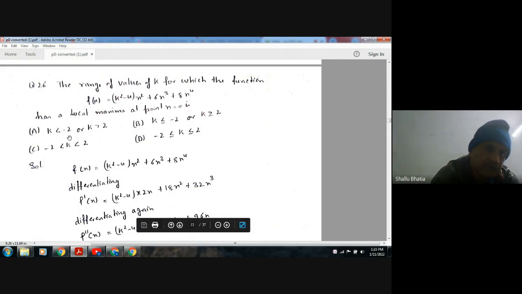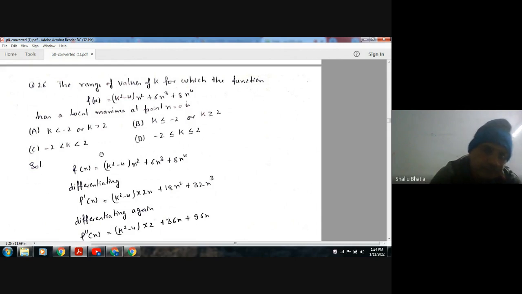A: k < −2 or k > 2. B: k ≤ −2 and k ≥ 2. C: k is between −2 and 2. D: k is more than −2 and less than −2. E: k is ≥ −2 and ≤ 2.